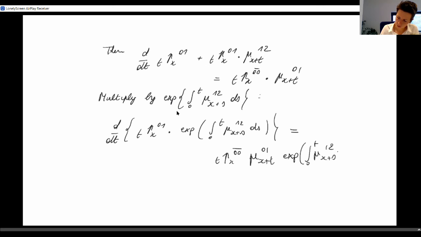So what did I do here? I took a couple of things together, because here I've got the derivative of the product of my transition probability and the exponential of this integrated transition intensity. If you work out this derivative, what you should get is the expression that we have on top multiplied with this exponential.